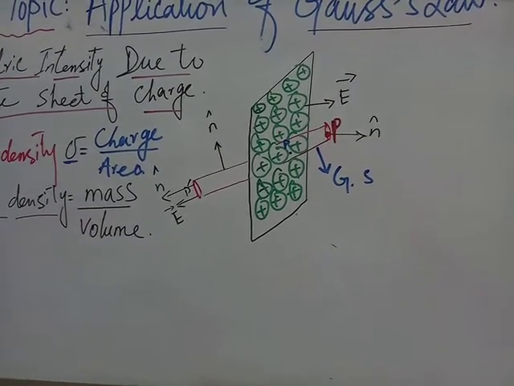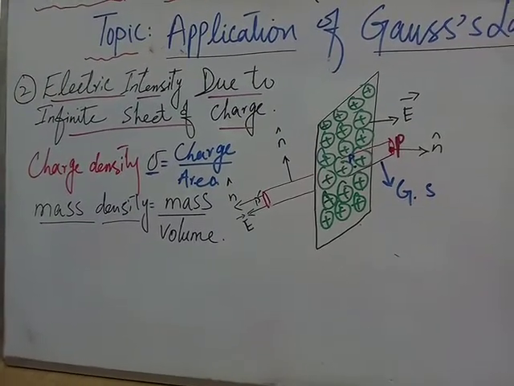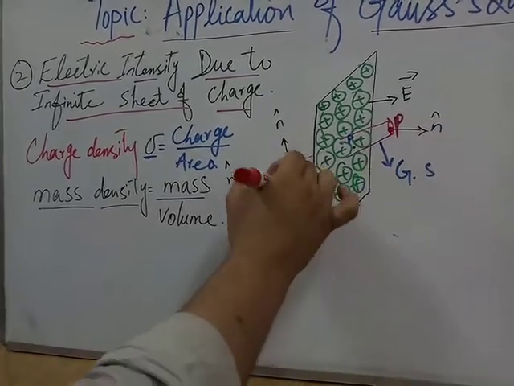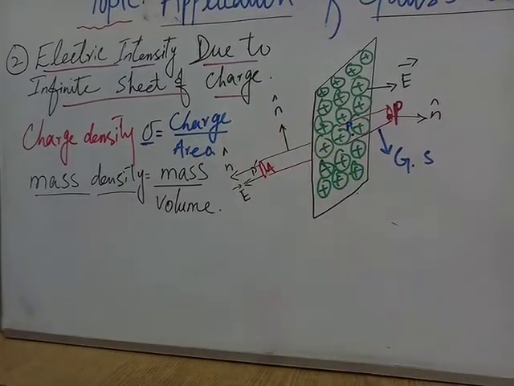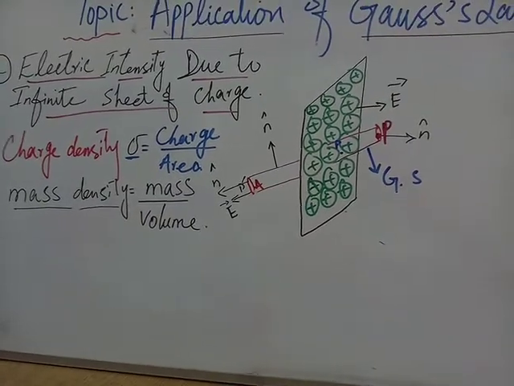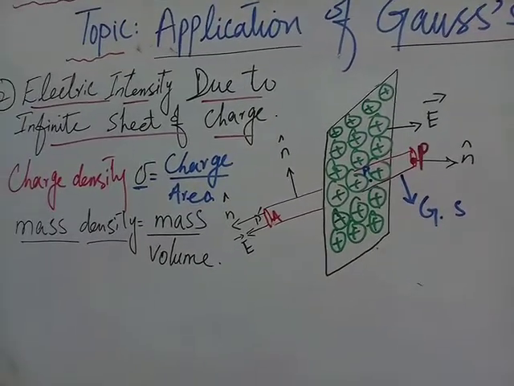Consider the Gaussian surface in the form of a cylinder of cross-sectional area capital A. So capital A is the cross-sectional area of that cylinder, perpendicular to the sheet of charges, and the direction of E is perpendicular to the face.